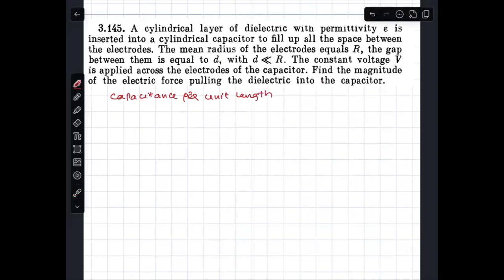The capacitance per unit length of a cylindrical capacitor is 2 pi epsilon naught by ln(R2 by R1). This is the general formula. Here, the R2 term is nothing but R plus d. The R1 term is nothing but R.